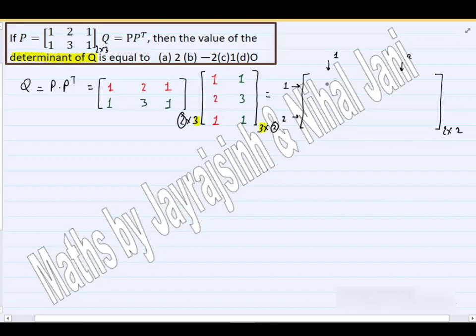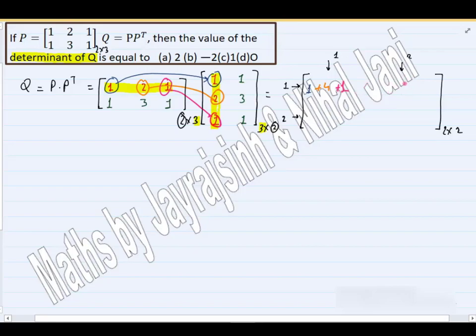Now let's consider the first element, which is in first row, first column. So let's multiply corresponding terms of first row and first column. So 1 1s are 1, plus 2 2s are 4, and 1 1s are 1, right?